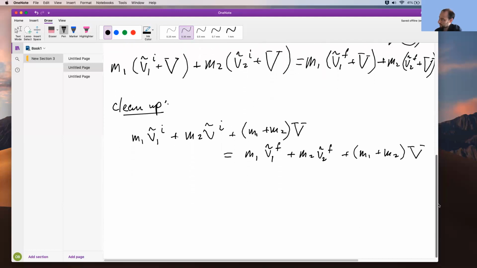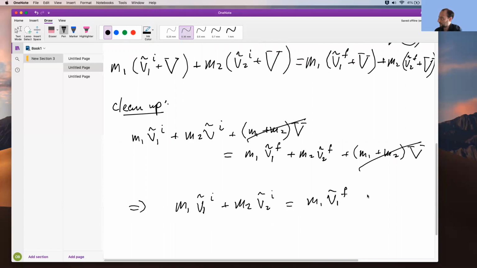So what do you notice? What's the magic? This thing cancels from both sides. And what do I find? M1 V1 tilde initial plus M2 V2 tilde initial equals M1 V1 tilde final plus M2 V2 tilde final.